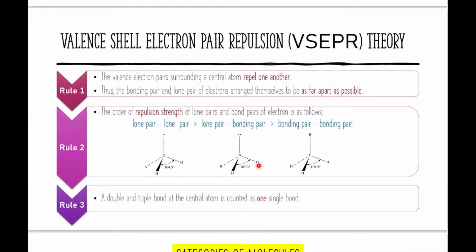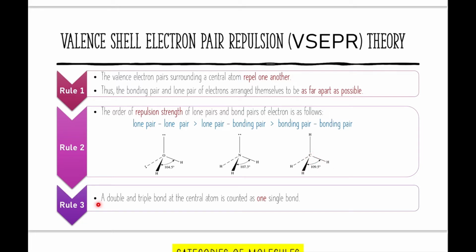As you can see in the molecule here, the bond angle increases slightly because there is only one lone pair here. And the last one is bonding pair and bonding pair repulsion. In these molecules, there are no lone pairs. Therefore, this is the maximum bond angles between the bonding pairs.